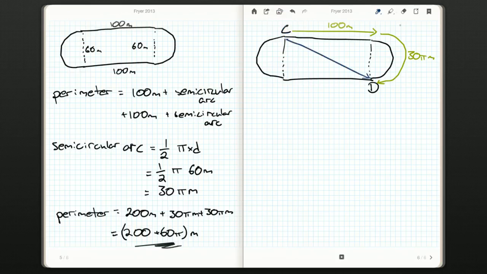And he goes exactly across like that. So we need to figure out how far he goes.